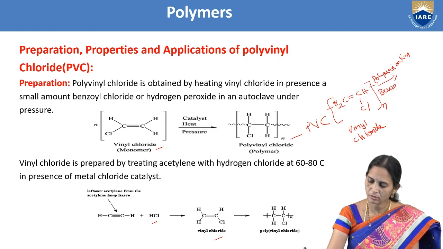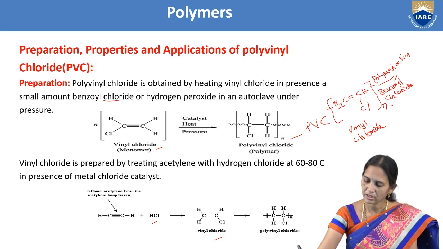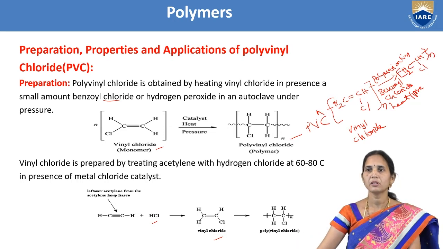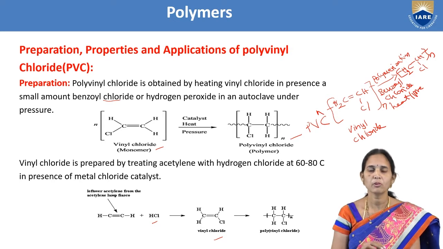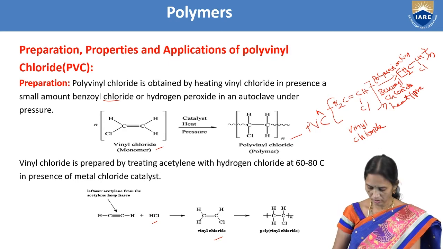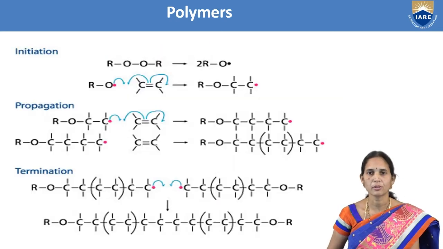So we add benzoyl chloride catalyst, we apply heat and pressure, and we get polyvinyl chloride. So we prepare it by taking a number of vinyl chloride molecules undergoing addition chain polymerization. So we prepare the polyvinyl chloride.